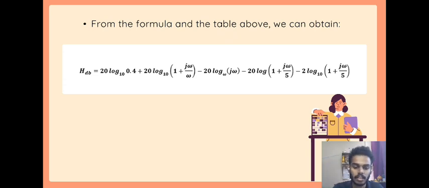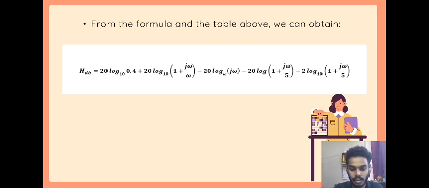And then the third term, which is negative 20 log ω, represents a pole at the origin, effectively cancelling out the rise caused by the zero. This flattens the slope back to 0 dB per decade.